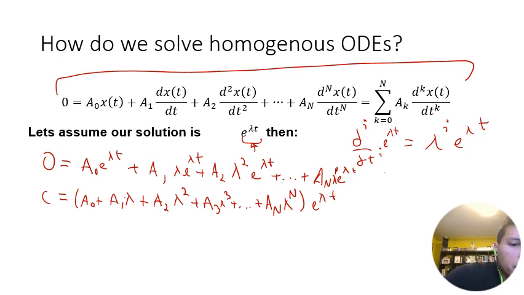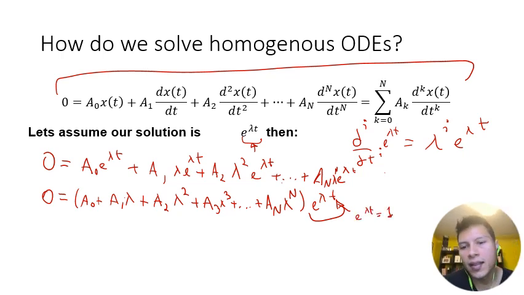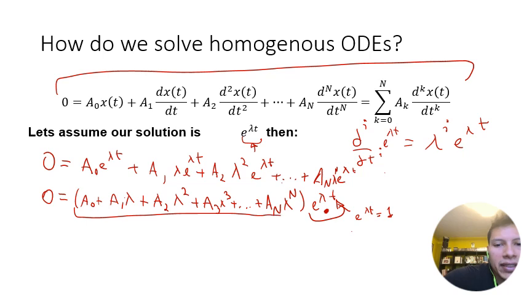And that all has to be equal to 0. So one thing to note is that this has to be valid for all time. And we know that, for example, at time equals 0, e to the lambda t will be actually equal to 1. And so this cannot be 0 for all time. And so this thing must be 0.